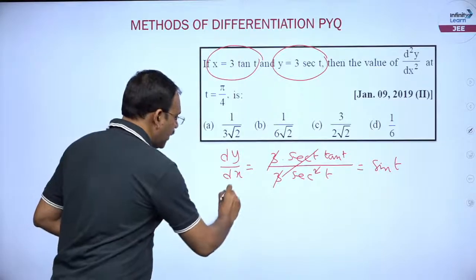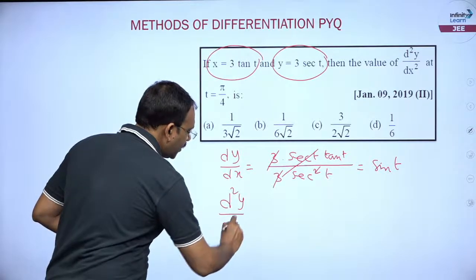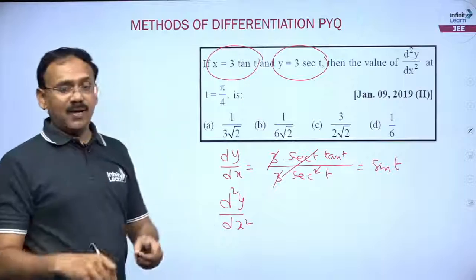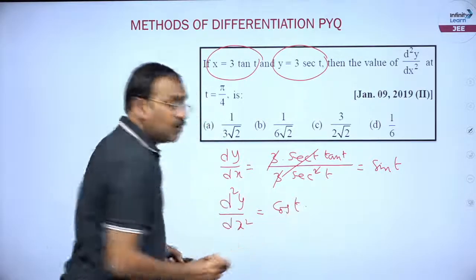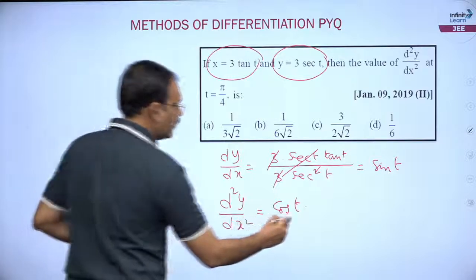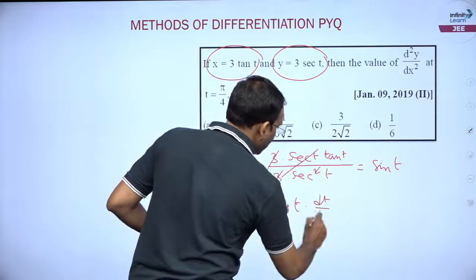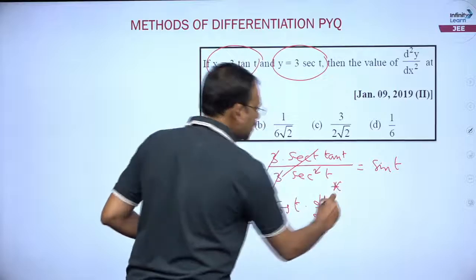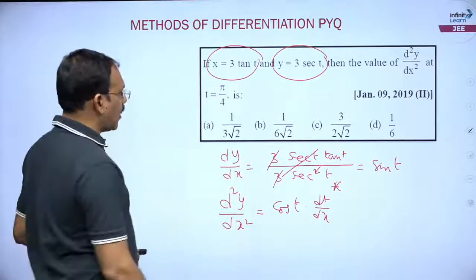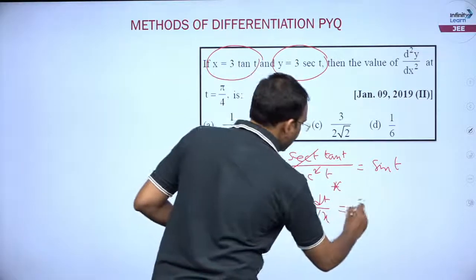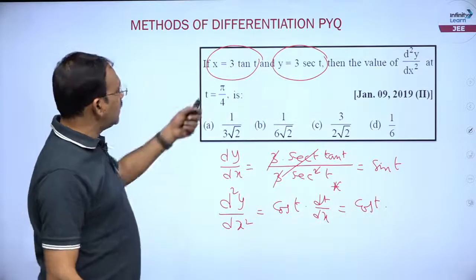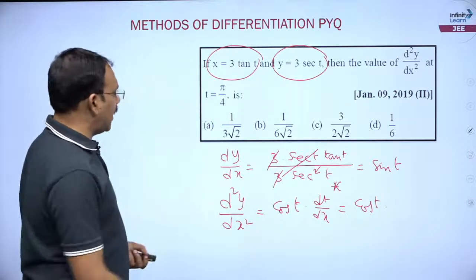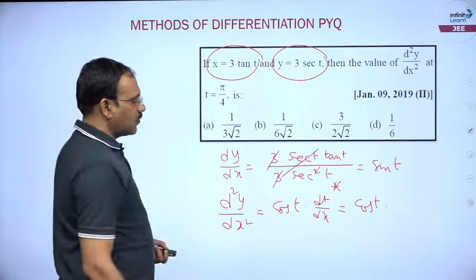Now, I want its derivative with respect to x, that is d square y by dx square. Sin t derivative is cos t into the derivative of t with respect to x, which is dt by dx. This is an important step in this particular problem. So, cos t is fine, and what can you say about dt by dx? Dx by dt I have already written, 3 secant square t.